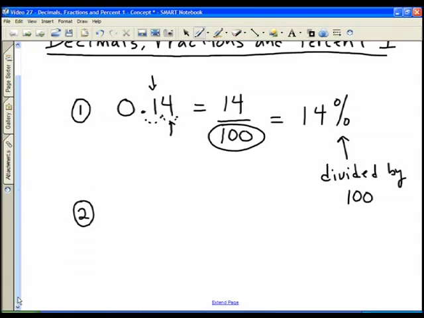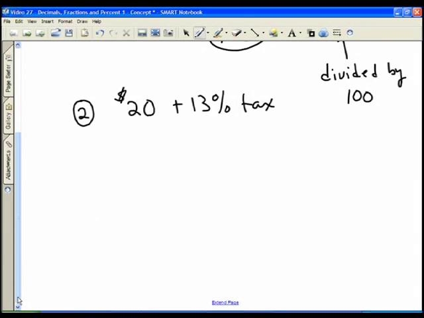Suppose you buy a $20 item. Let's say you buy a $20 item and you're going to get charged a 13% tax. So if you're going to get charged a 13% tax and you want to know what your total bill will be, well, you have to add 13% tax on $20.